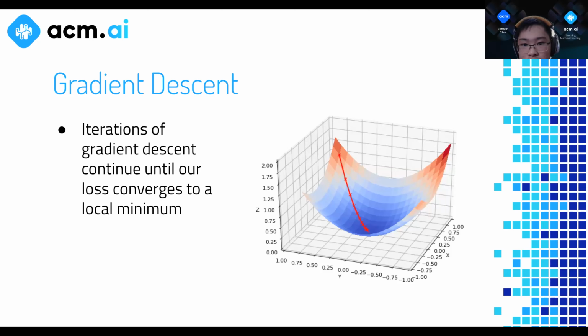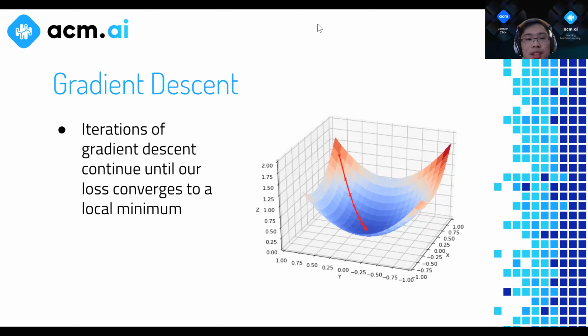Feel free to answer in chat. Okay, yeah, so the gradient of a function is basically a vector that contains all the partial derivatives of the function with respect to each variable. I think most of you got that, so that's good.